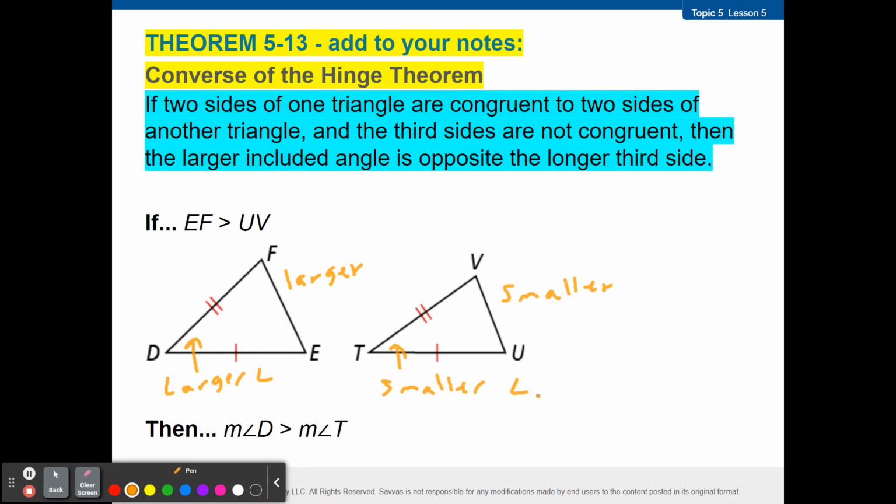And we are going to apply the hinge theorem here and the converse in just a minute. Identification is going to be key. The algebra is easy, but it's the identification of which is the larger angle and larger side that is going to help. Okay.